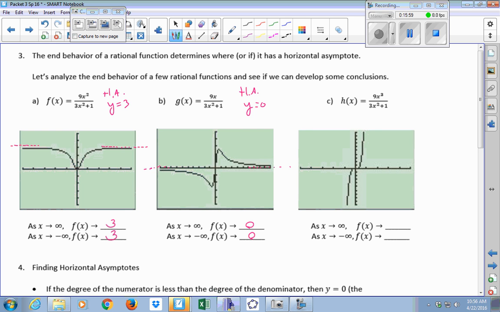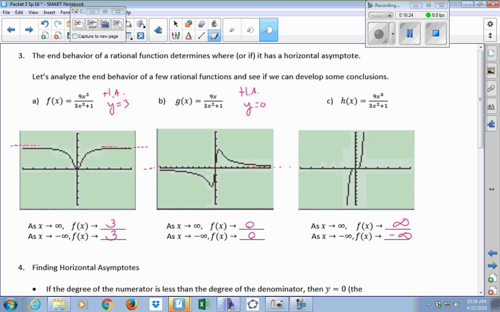And the next picture, do I have a number that the graph's approaching as I get really big or really small? One single number? No, as I go to the right, my graph's rising without bound, so it's approaching positive infinity. So positive infinity and negative infinity. Okay.